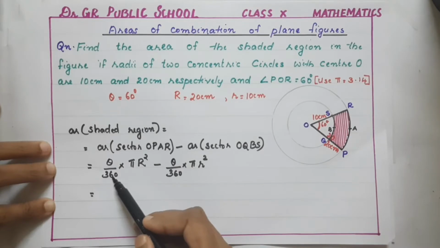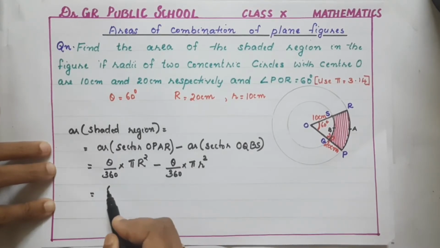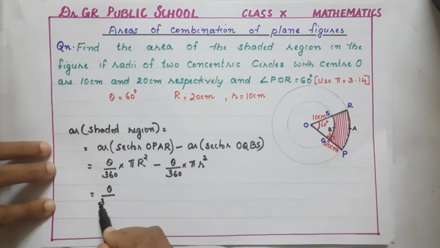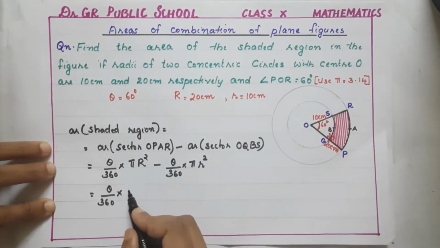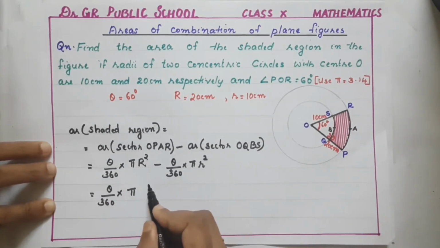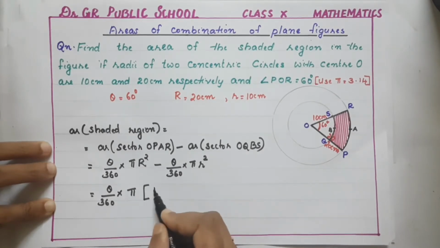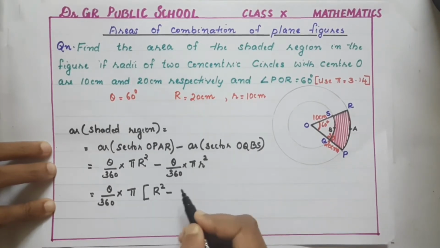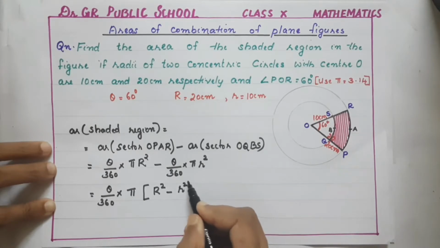Theta by 360 common. Then pi also common. Now we can't take this radius because they are different. Now what all remaining? Here capital R square minus small r square.